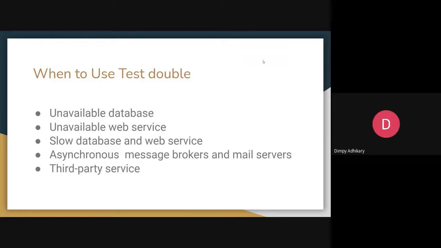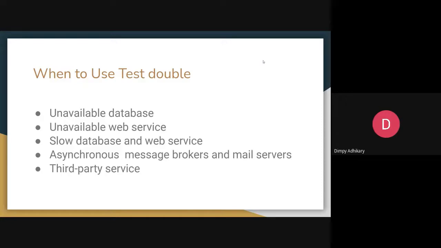and they can very well speed up their development activities. Another thing you can say, suppose your database is very slow, or you are connecting to a web service which is very slow, and that is hampering your development as well as testing activities. In that scenario, you can also mimic a database object which can very quickly return your desired output, to do some kind of testing on your code.